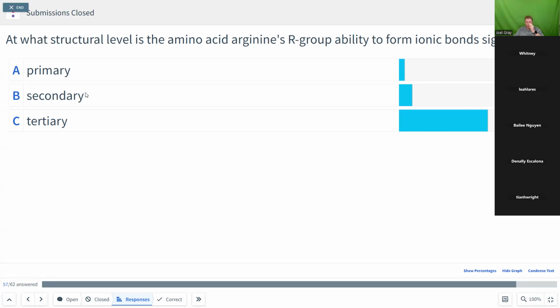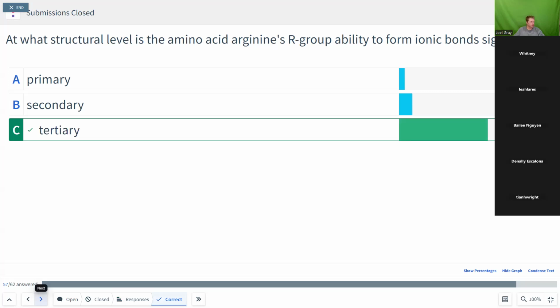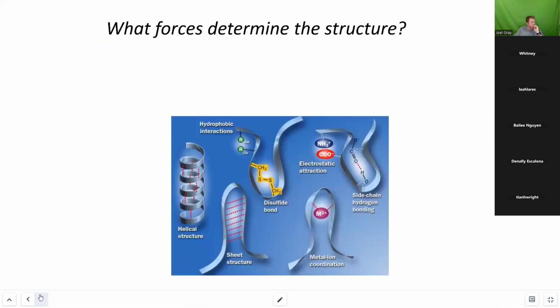The secondary structure, those are backbone interactions. And so the R group is really not a big factor when it comes to stabilizing the secondary structure. So there we go. Now, I like this figure right here because it visualizes everything.